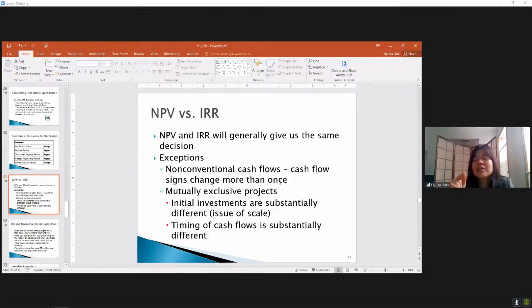So another case where IRR gives an unreliable result is when we evaluate mutually exclusive projects.